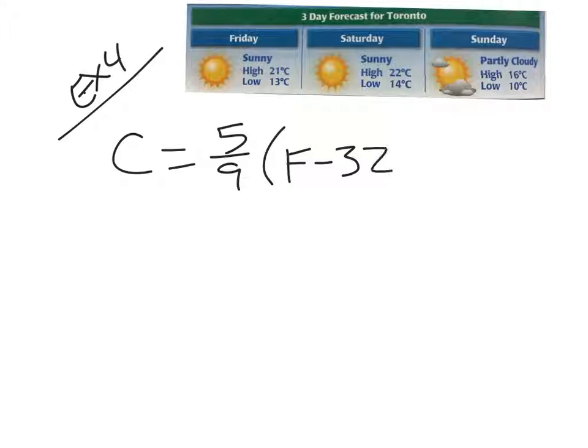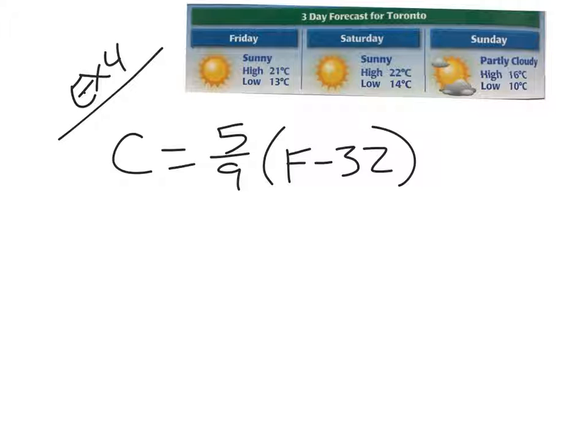Find the low temperatures for Saturday and Sunday in degrees Fahrenheit. Use the formula C equals 5/9 times F minus 32. This is the actual formula for Celsius, guys. C stands for Celsius and F stands for Fahrenheit.